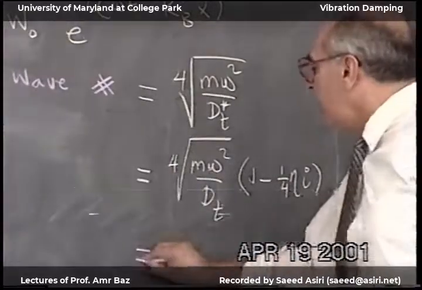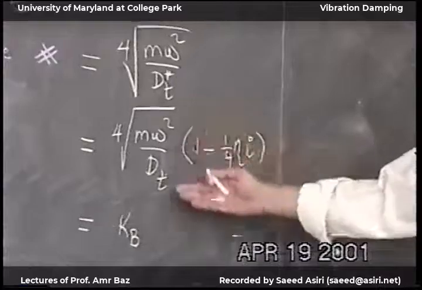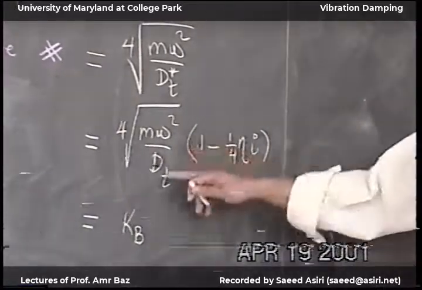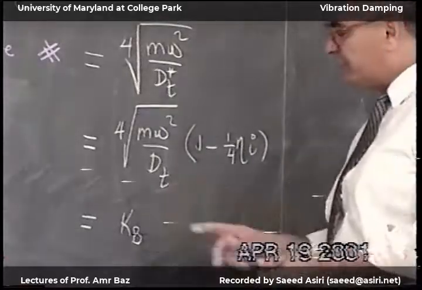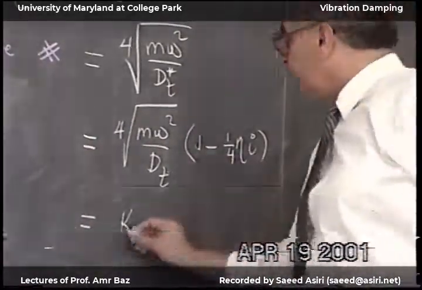And this will be just a wave number for a plane beam without any losses. I'm sorry, not the plane beam, the composite beam without the losses effect.